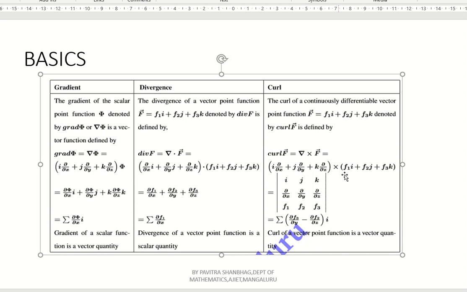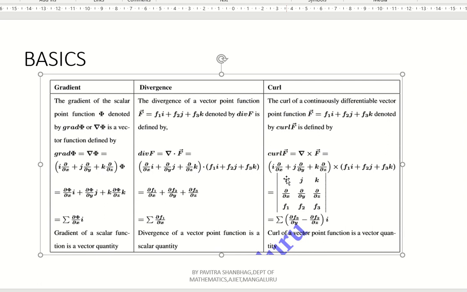So del cross of vector f means ∂/∂x i plus ∂/∂y j plus ∂/∂z k cross product of f1 i plus f2 j plus f3 k, which can be written in the form of a determinant i j k. Then the coefficients are ∂/∂x, ∂/∂y, ∂/∂z, and similarly f1, f2, f3. Now, just expand with the help of the determinant expansion.